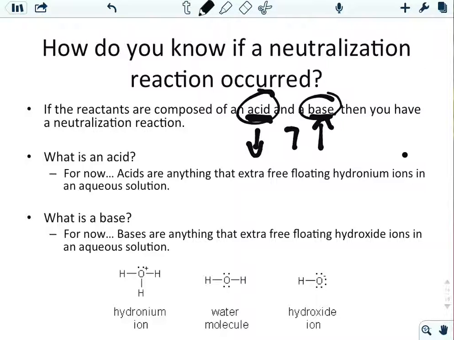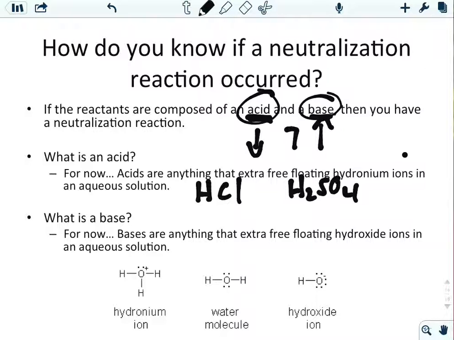What's an acid? For now, acids are anything that have extra free floating hydronium ions in the aqueous solution. What this means is that acids usually begin with H. So HCl, hydrochloric acid, H2SO4, that's sulfuric acid. Anything that usually begins with an H has the ability to ionize, and when it's floating in a liquid, it has an extra hydrogen floating around.